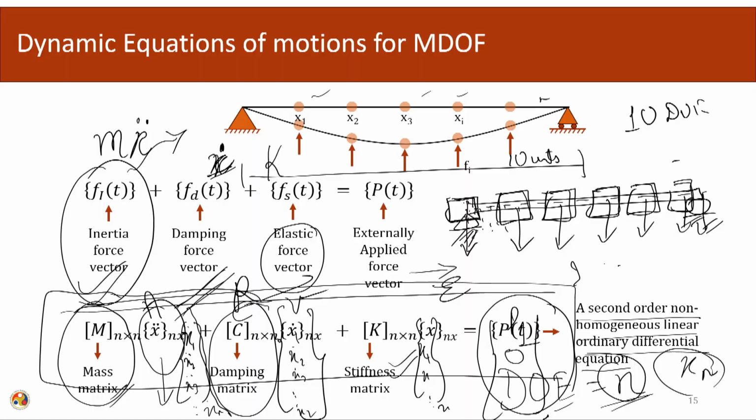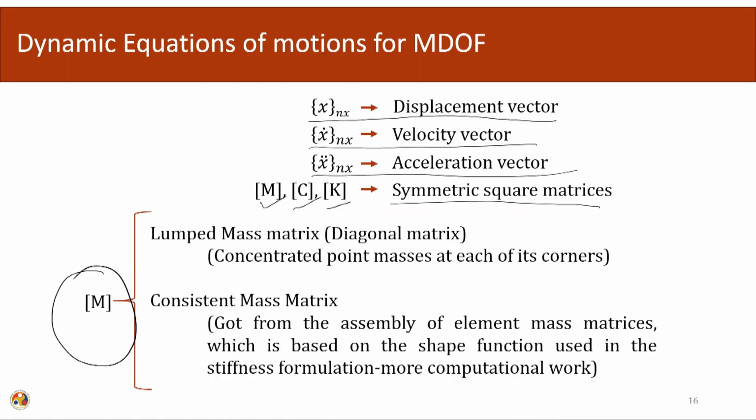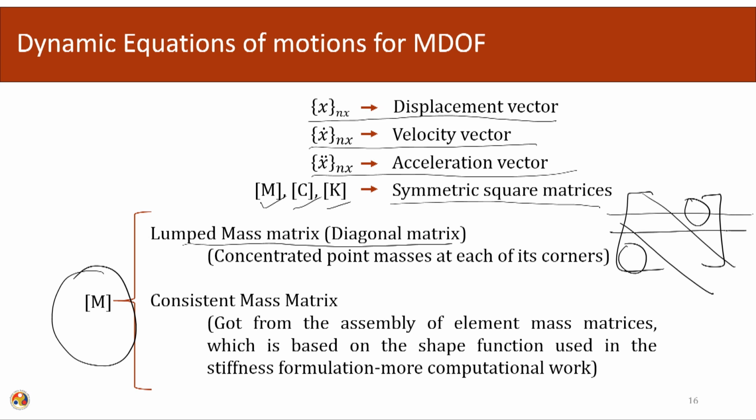So, this will become my mass matrix. This is a lumped mass matrix. It means that only the diagonal terms will be present. The non-diagonal terms will be 0. So, whatever we are lumping at different degrees of freedom, that will be present out here. Let us say at the first degree of freedom we have lumped M1, second degree of freedom we have lumped M2, third degree M3 and so on and so forth.